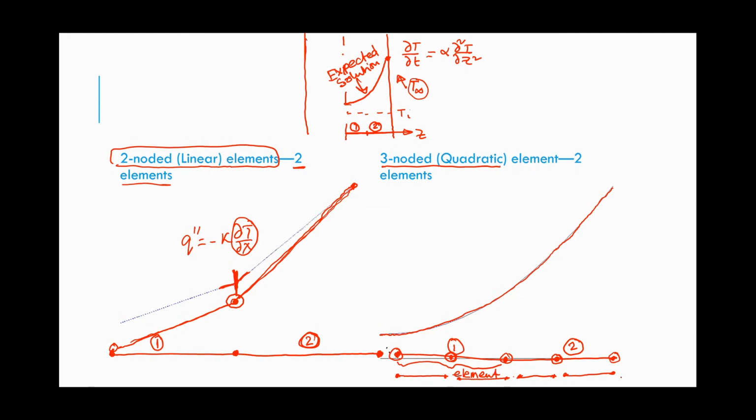Which one works best for a given situation? It's hard to say. But it's important to know that as we put in the extra node for the extra interpolation, we can probably get to the true solution faster and easier, but at an additional computing cost.